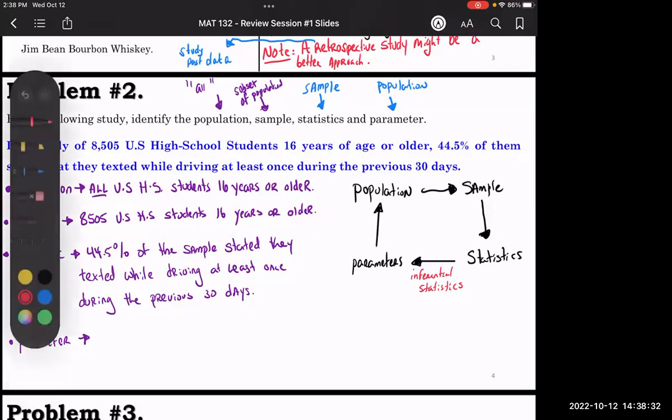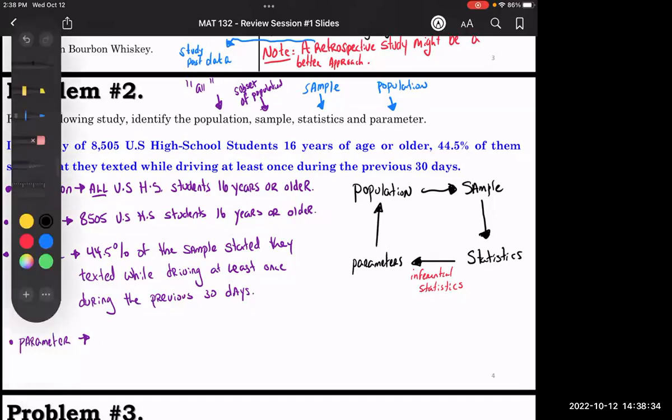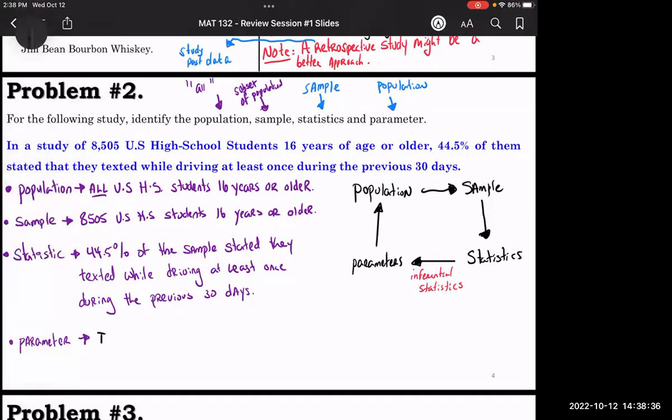So in general, for the parameter part, we can just say that it's the percentage of your population, which we denoted above earlier, right? It's the entire, all of the US high school students 16 years or older, right?